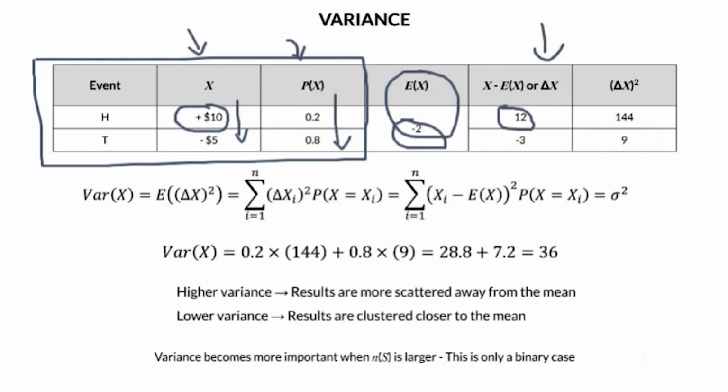Here the value is losing $5, minus $5, and the mean is of course minus 2, or the expected value is minus $2. What is the difference? The difference is minus 3. And then you square these two. So 12 squared is 144, minus 3 squared is 9. The squaring is done to remove the negative sign, and so on.